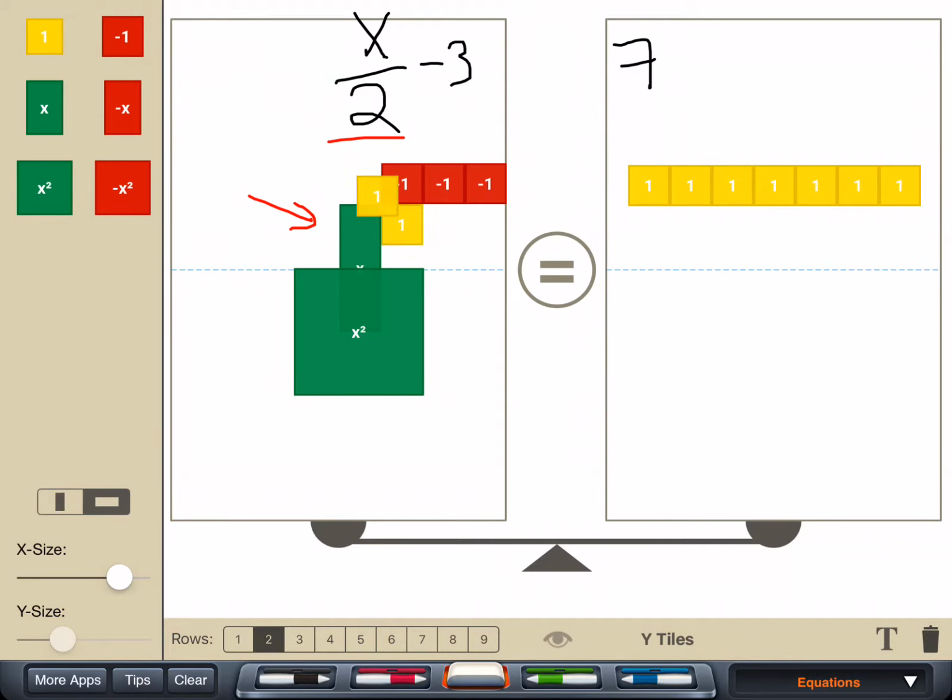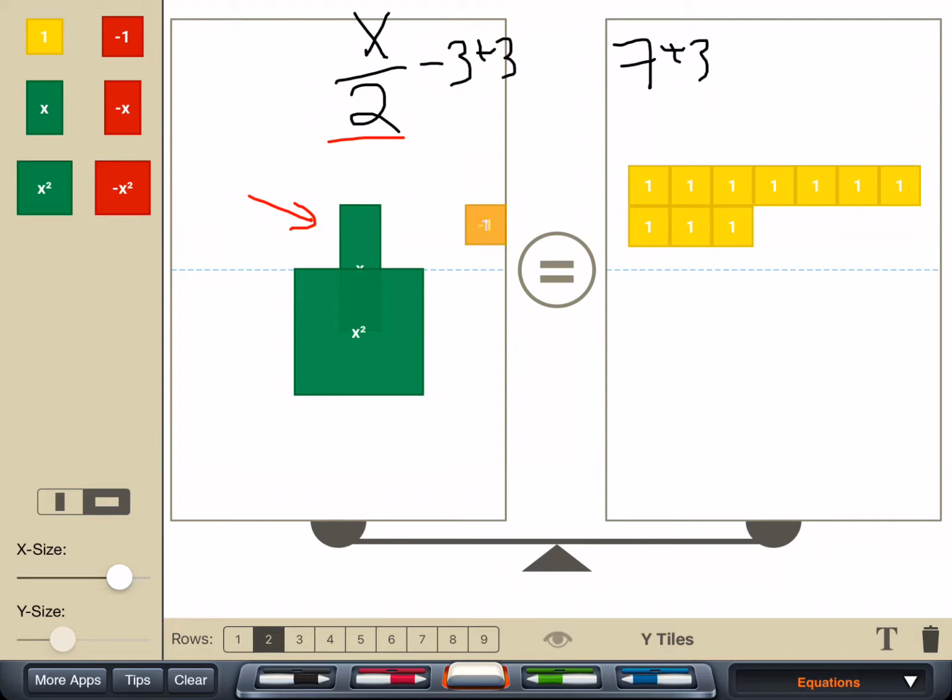Here we go. 1, 2, 3. And what I do to the left, I do to the right. 1, 2, 3. And so that's going to look like this up here. So I'm adding 3 and adding 3. Now, as we know, subtracting 3 and adding 3 causes this to happen.